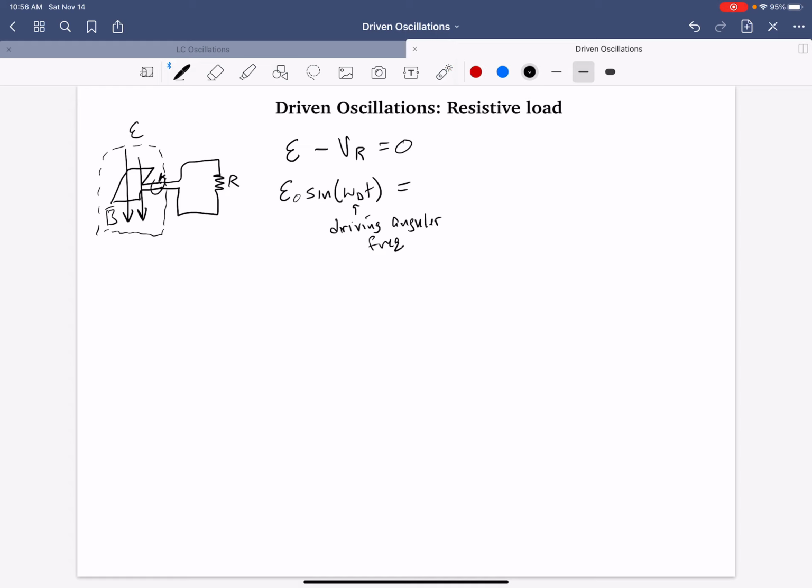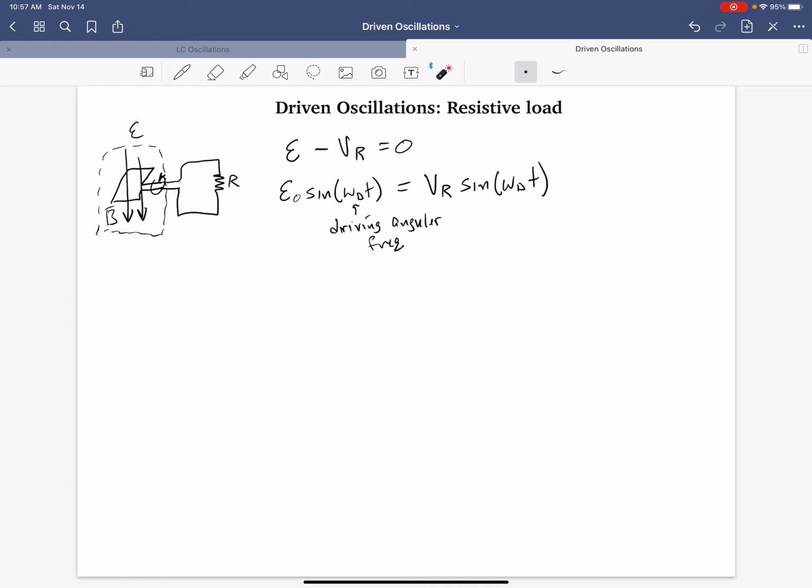So that has to equal the voltage drop across the resistor, which I'll keep as V sub R, but I know it's just IR. However, the voltage drop across the resistor is also dependent upon the frequency that the current loop is rotating, right? It's dependent upon the sinusoidal EMF. So we have to include that term in the voltage for the resistor on this right side of the equation. Okay, so this is the maximum voltage, right? It's simply IR, but we have to include this sinusoidal dependency on that, okay?